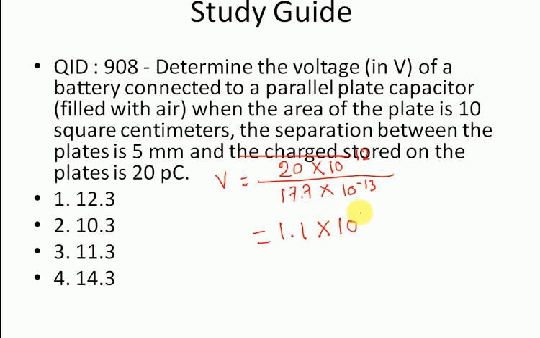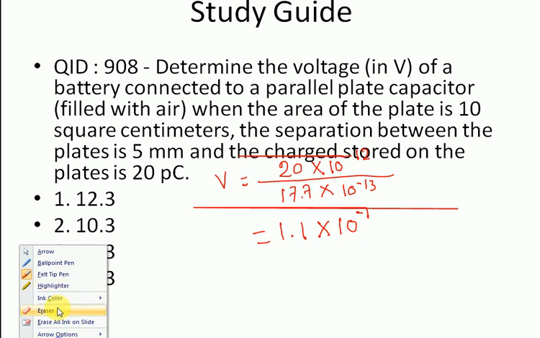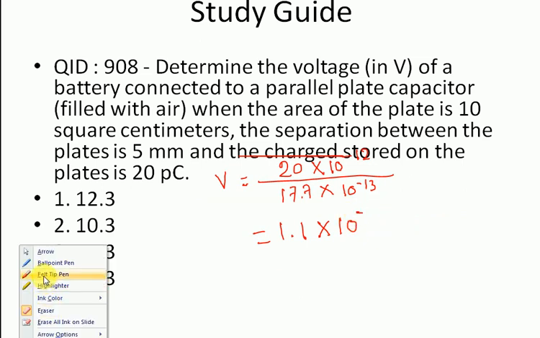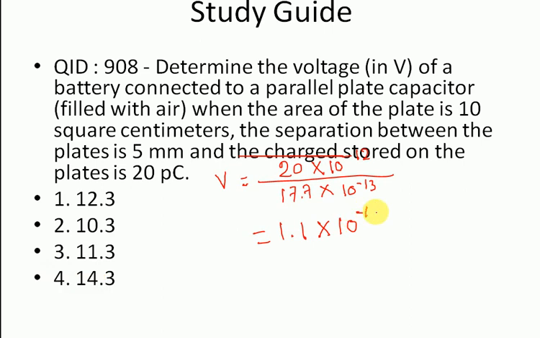10 to the power minus 12. Let me approach it completely. Minus 12 into 10 to the power plus 13. Now plus 13 minus 12, that will be plus 1.